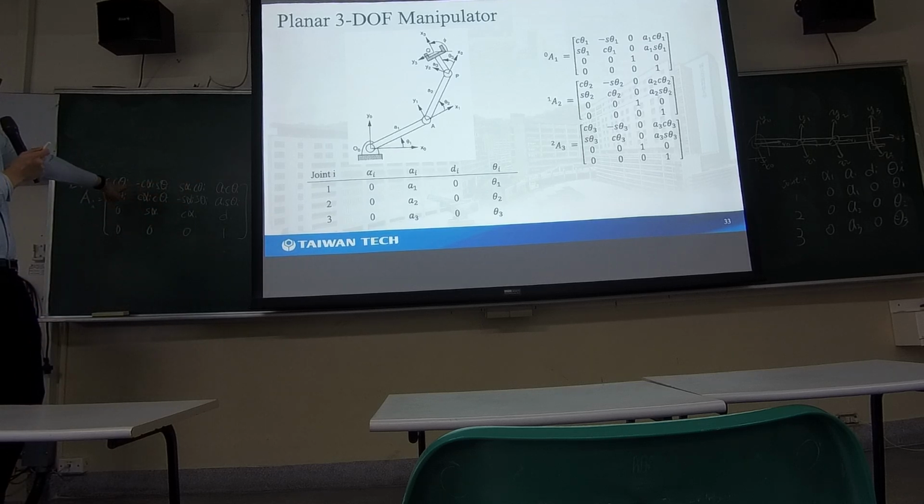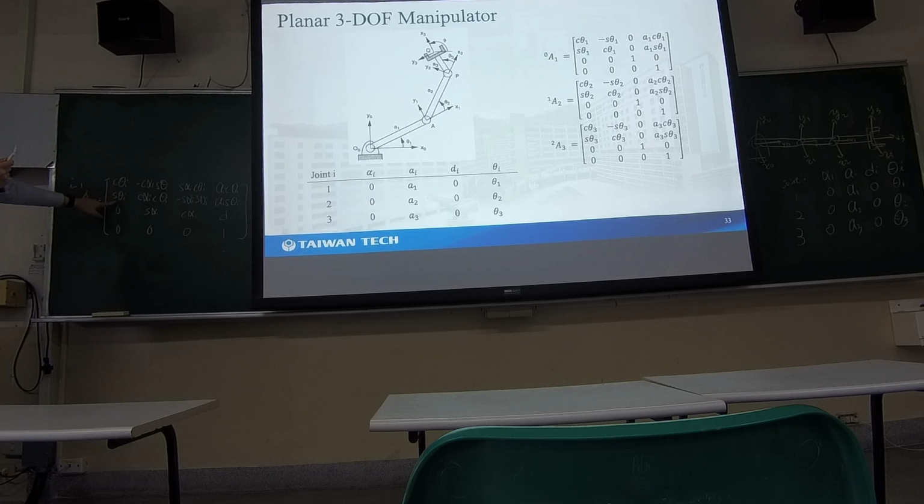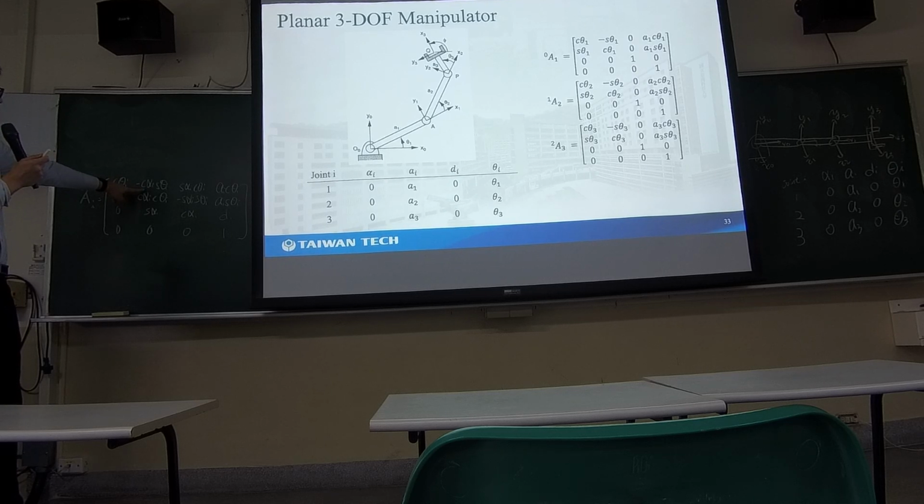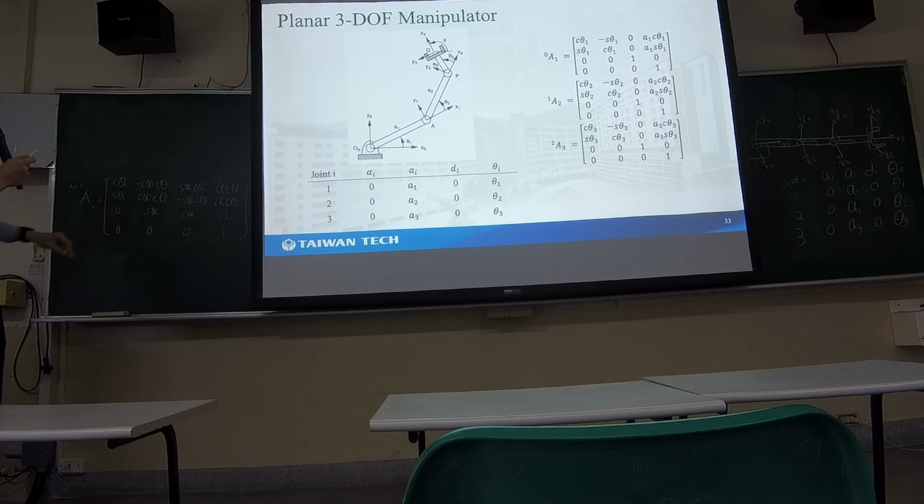And if we plug in cosine theta 1 and sine theta 1, and for alpha, alpha is 0, so cosine is 1.